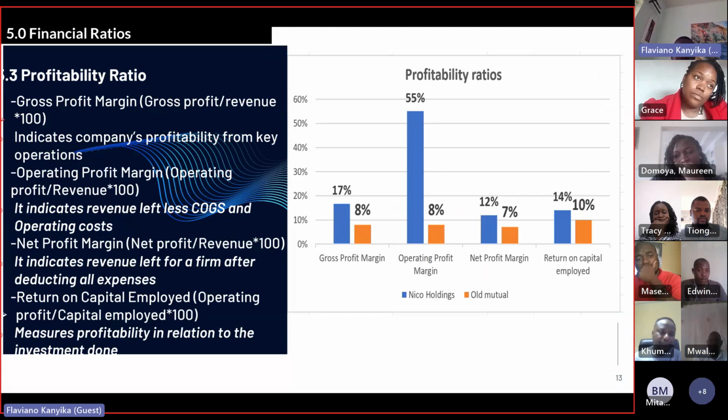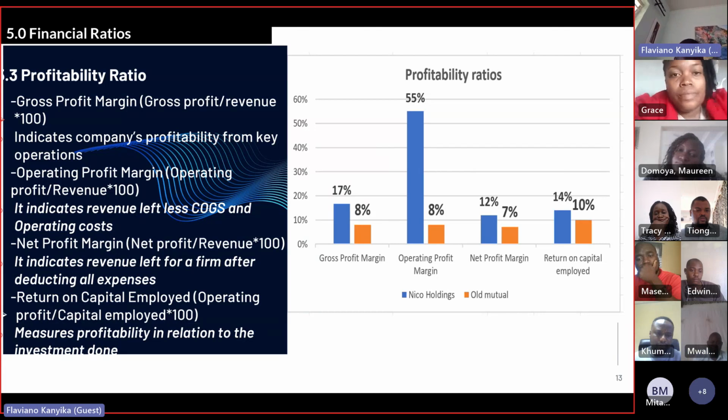In terms of profitability ratios, we have the gross profit margin, which indicates profitability from key operations. Operating profit margin, which indicates revenue left from cost of goods and services and operating costs. Then we have the net profit margin, which indicates revenue left for a firm after deduction of all expenses.